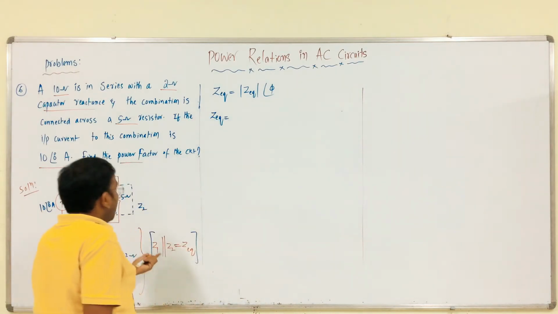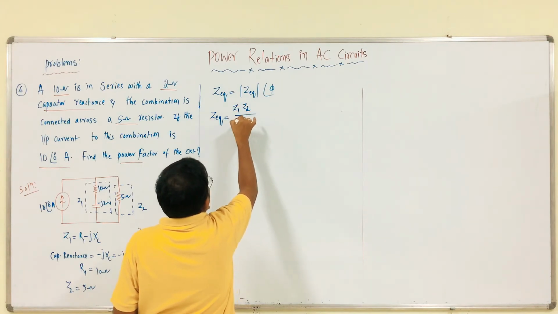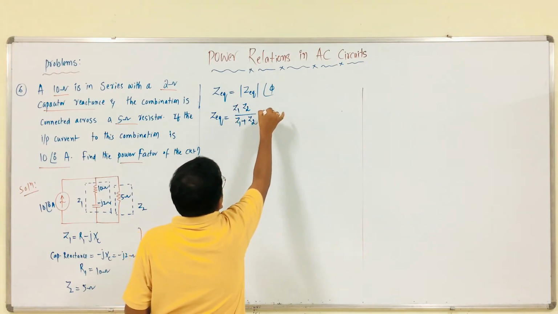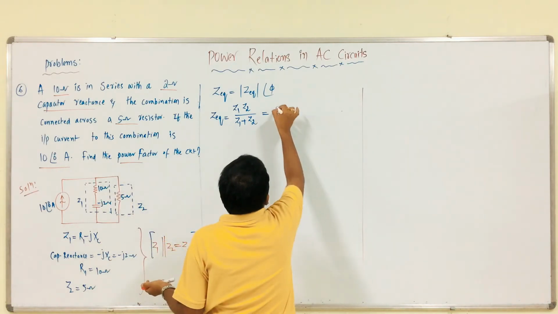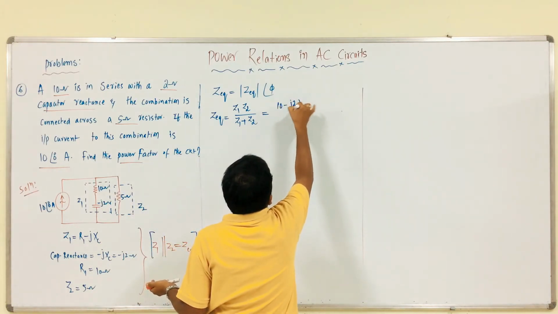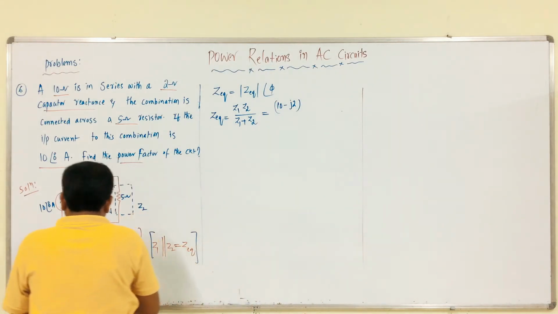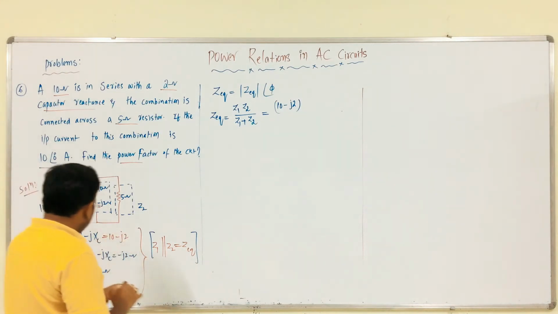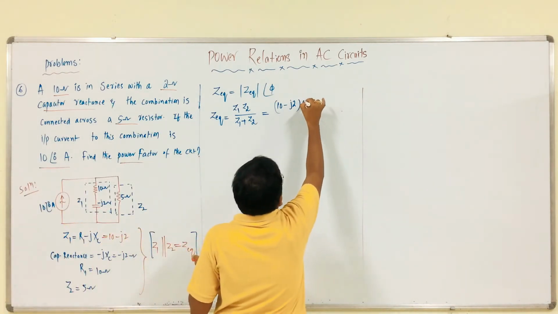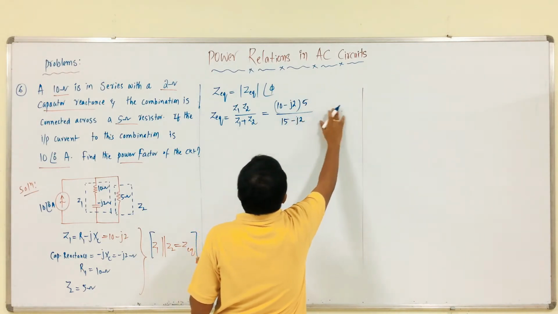So from this, Z equivalent is Z1 into Z2 by Z1 plus Z2. What is the value of Z1? 10 minus j2, into the value of Z2, which is 5. Z1 plus Z2 is 15 minus j2.